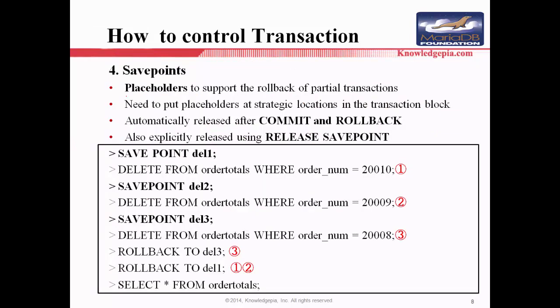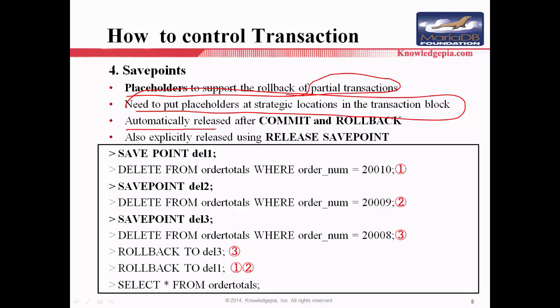Savepoint means placeholders to support the rollback of partial transactions. As I already told you in the previous page, a savepoint is normally used with rollback. You put placeholders at strategic locations in the transaction block, and they are automatically released after commit or rollback.